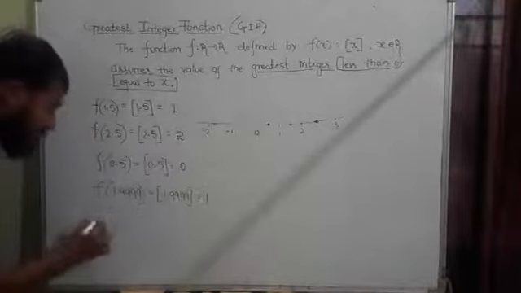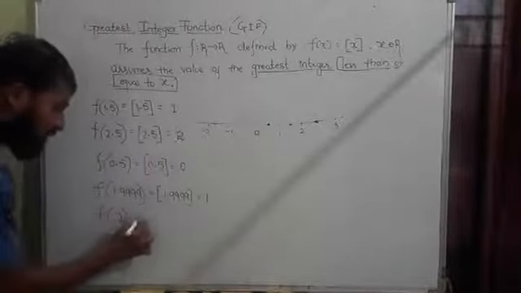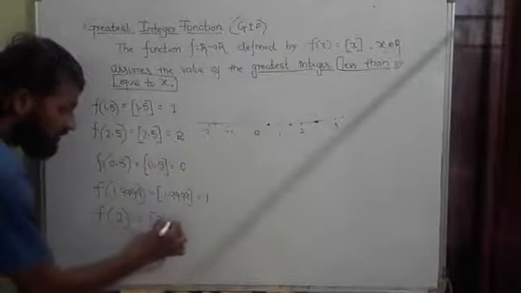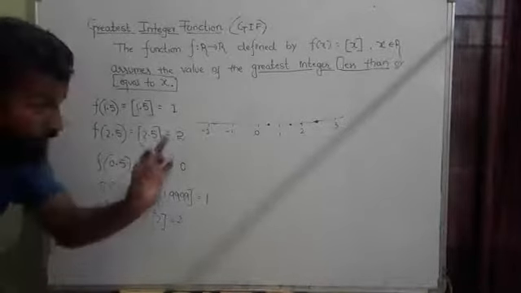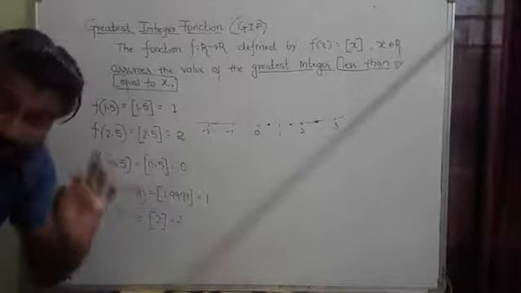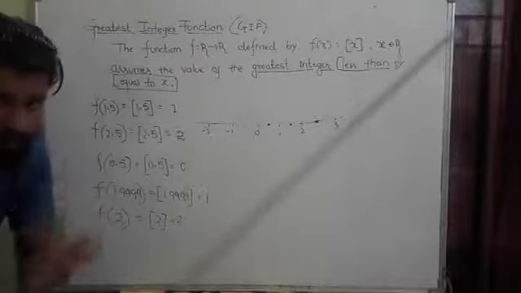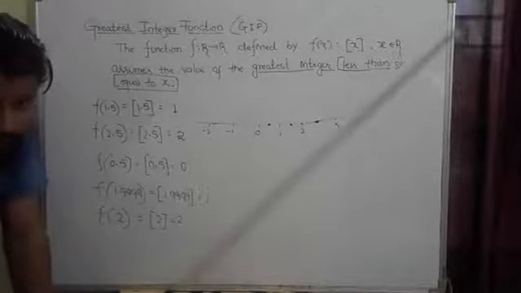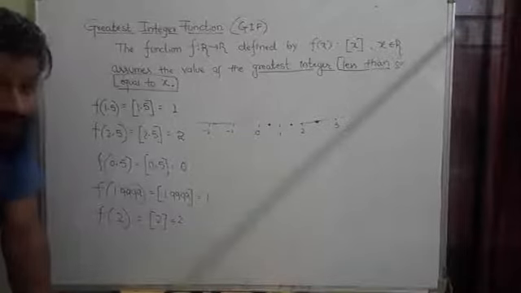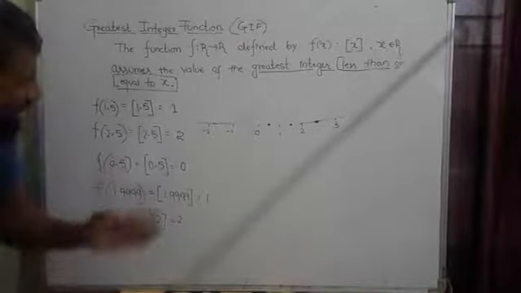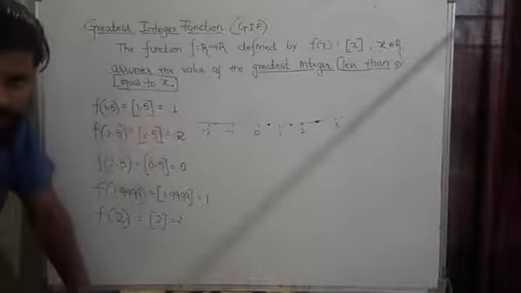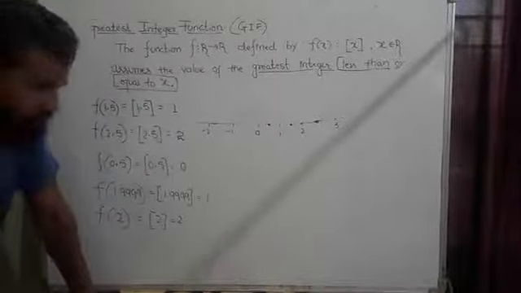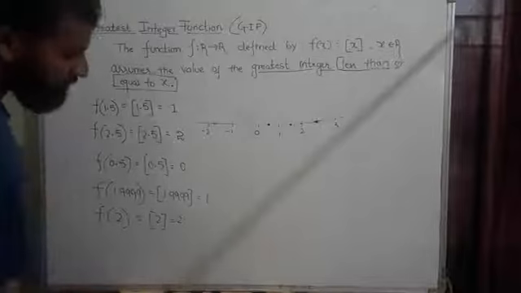If at all I give you input as 2, then you can say the answer is 2. But for 1.999999 the answer will be 1 only. I hope you understood the concept of greatest integer function. Basically what it does is give us the integer from a decimal. Understood? Very nice. So now let's draw the graph of it.